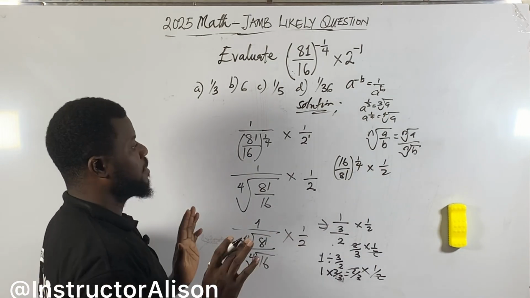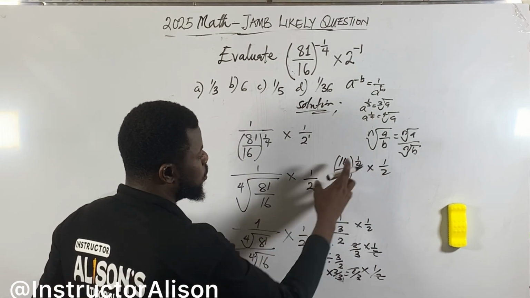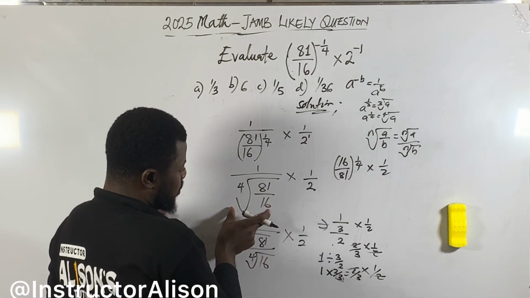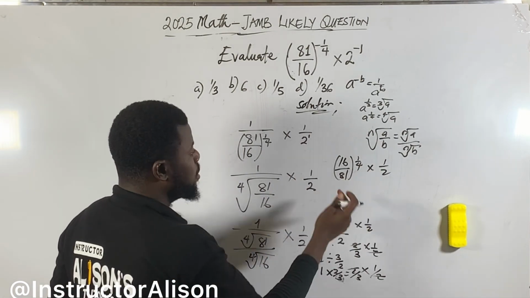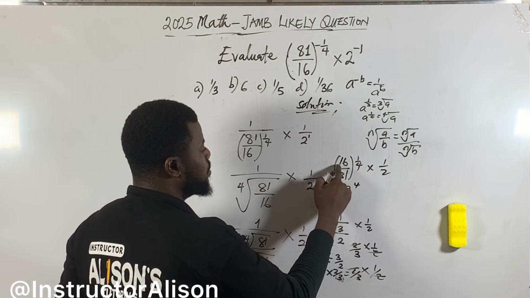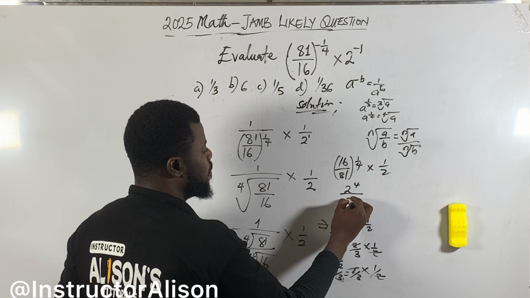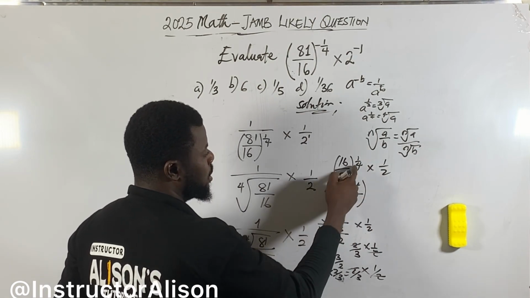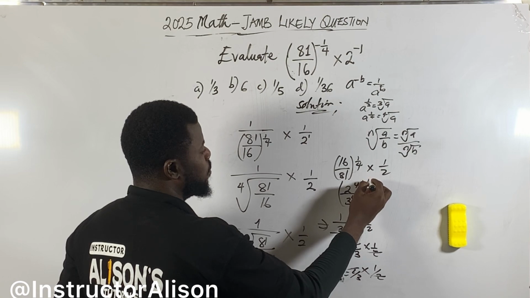Just leave it the way it is. Then this one now, you can do in 2 ways too. Since 2 raised to the power of 4 is 16, over 3 raised to the power of 4 is 81.